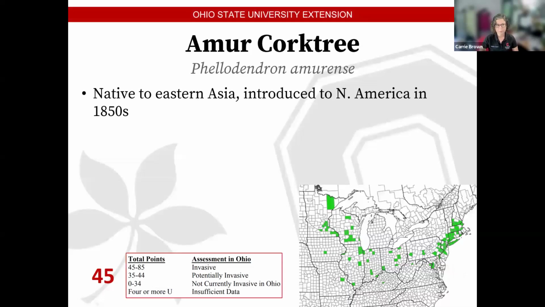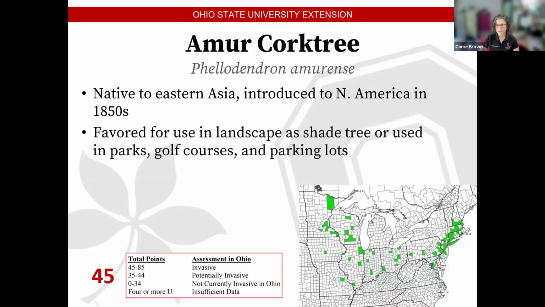We're going to start, in no particular order, with Amur cork tree. Amur cork tree was introduced in the 1850s as a yard tree, a shade tree, a specimen tree. It has a broad spreading crown.